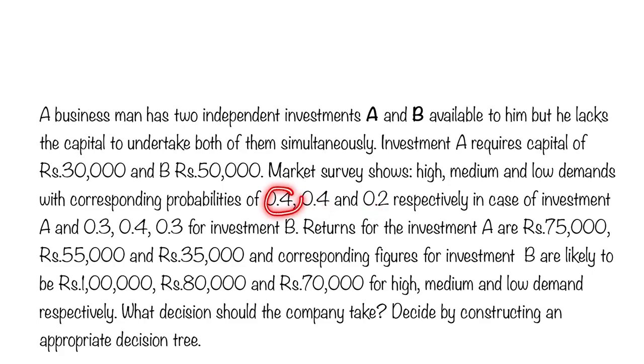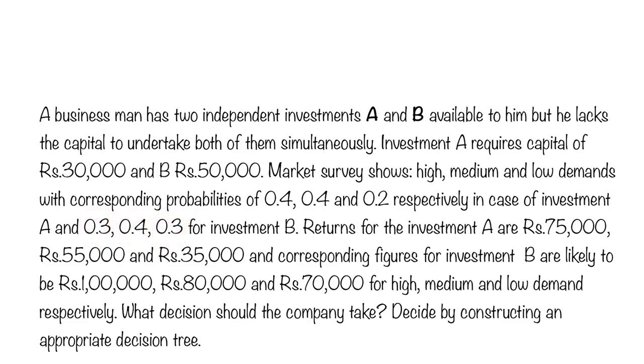Means 0.4 is the probability corresponding to high demand, 0.4 is the probability for the medium demand, and 0.2 is the probability for the low demand. This is for the A investment, right? And for the B investment, the probabilities are 0.3 for high, 0.4 for medium, 0.3 for low demands, right?